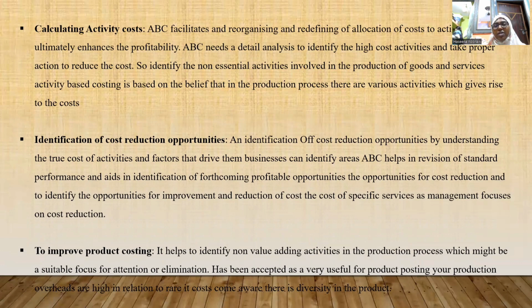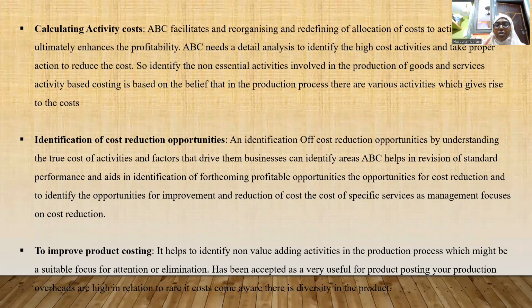And the ABC needs a detailed analysis to identify the highest cost activities, and it also helps in taking the proper actions to reduce the cost. So, identifying the non-essential activities involved in the production of goods and services, activity-based costing is based on the belief that in the production process, there are various activities which give rise to the costs.